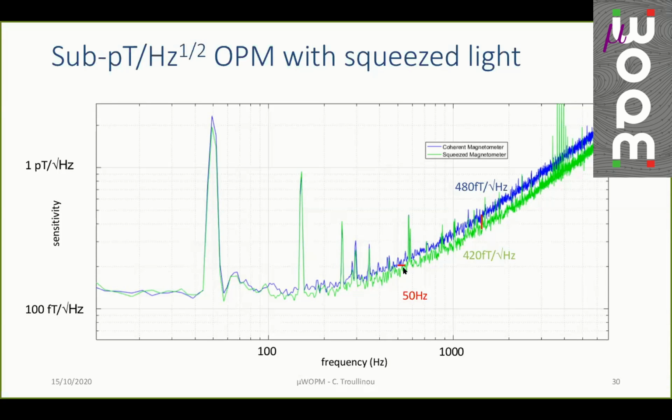So one way to achieve something better is to tune our atomic density, so as to have less absorption of the probe beam and therefore less squeezing lost through the atom-light interaction.